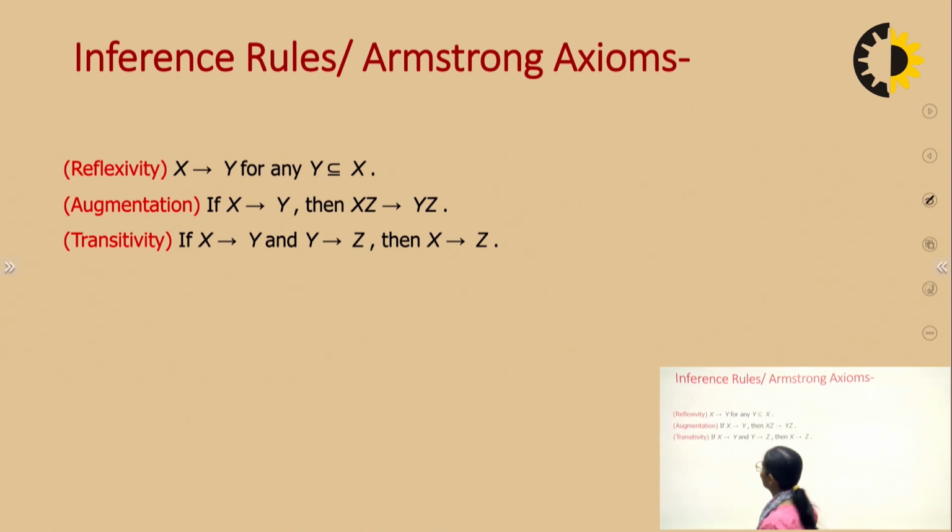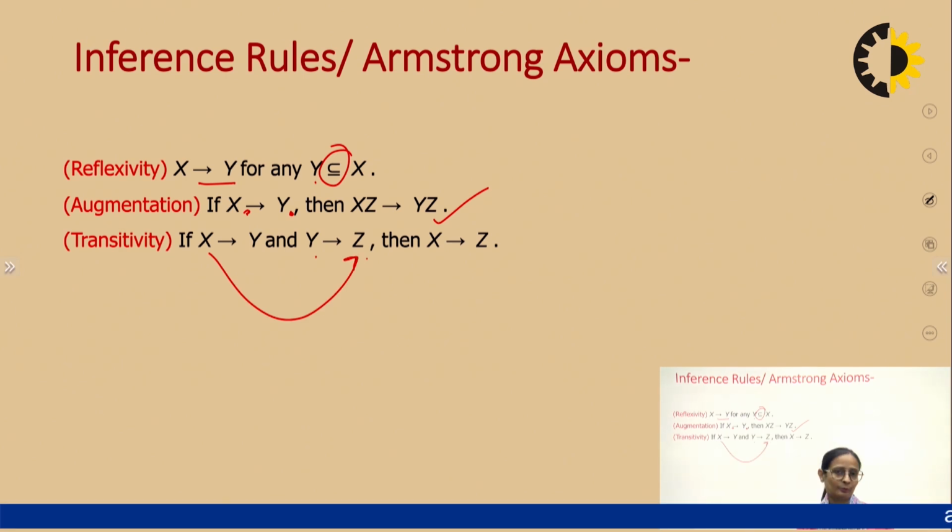Reflexivity says X implies Y if Y is a subset of X. Augmentation says if X implies Y and we add an attribute at both the left hand side and right hand side, then this also holds true. Transitivity says if X implies Y and Y implies Z, then indirectly X also implies Z. So this is the transitivity rule.